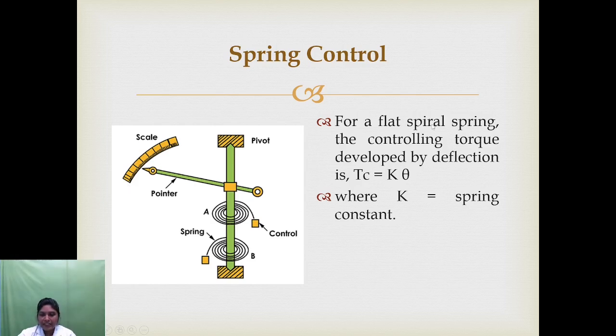For a flat spiral spring, the controlling torque developed by the deflection is Tc equal to K into theta. If we derive the torque using the spring stiffness and strain, we get the torque equation as Tc directly proportional to the angle of deflection, where K is the spring constant.